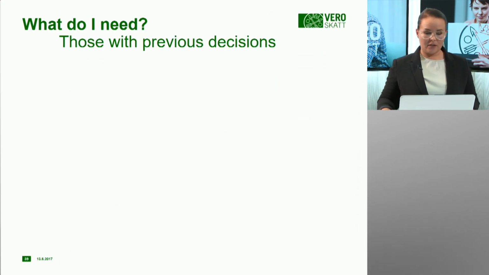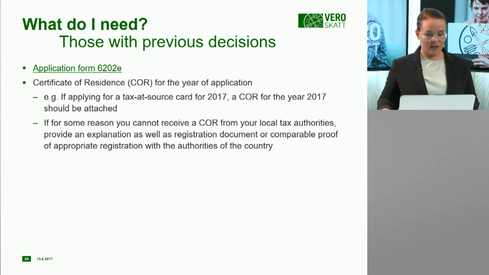What do I need with the previous decisions? We need the application form 6202E to apply, and of course the certificate of residence for the year that you are applying for. So, once again, if you're applying for the tax at source card for year 2017, a certificate of residence for year 2017 should be attached.